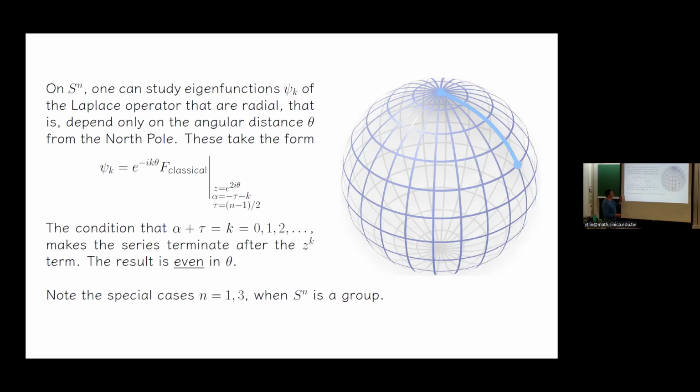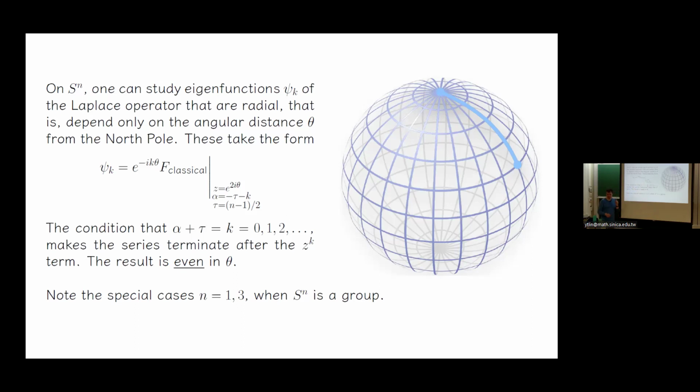And what one should do is, given an n-dimensional sphere, you have countably many eigenfunctions. So you have n, one parameter, that runs from 1, 2, 3, and so forth. And then you have a number k that runs from 0, 1, 2, 3, and so forth. And what you need to do is set alpha plus tau to be minus k.